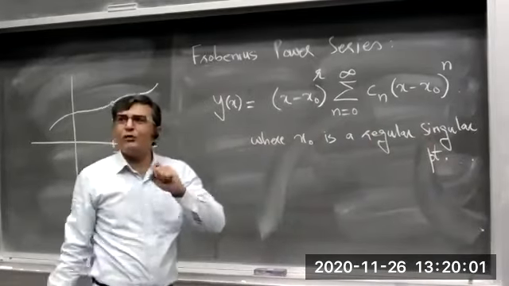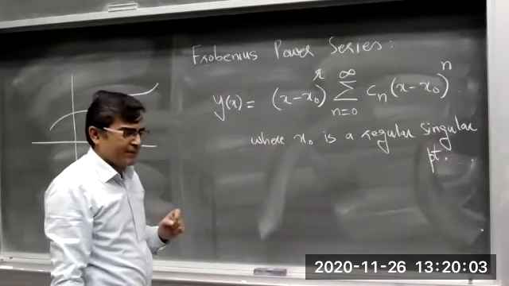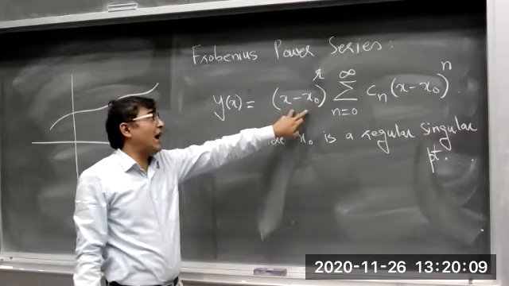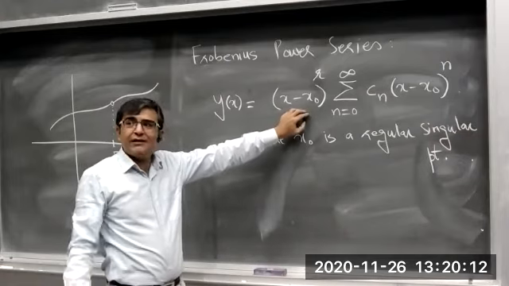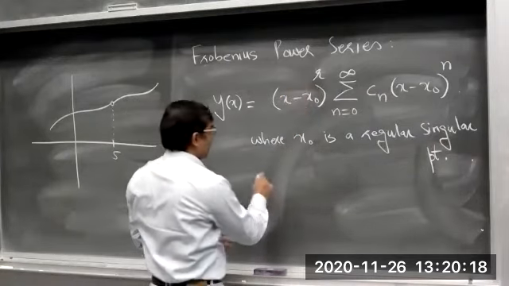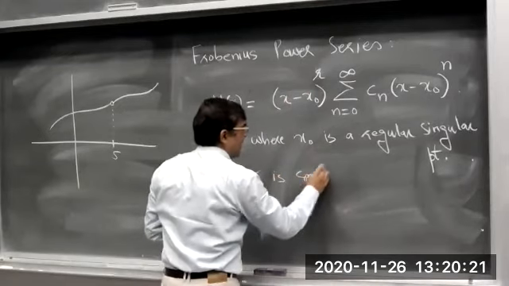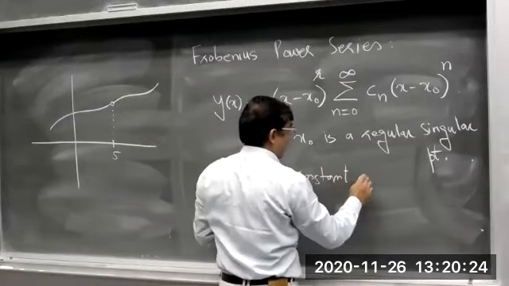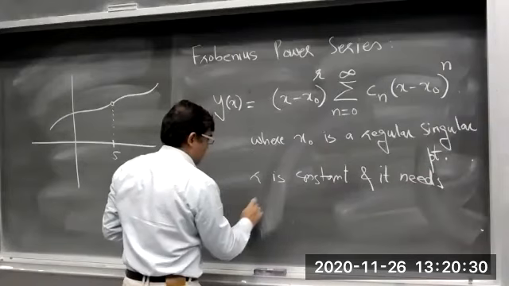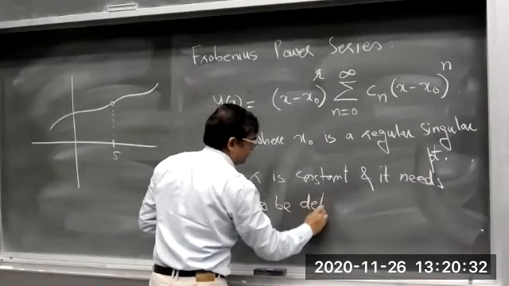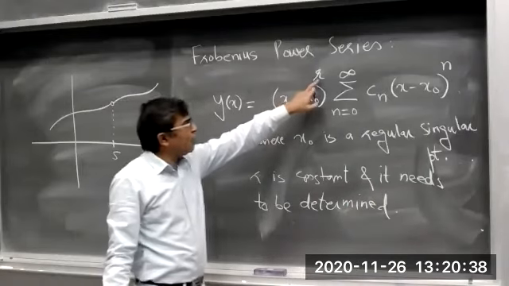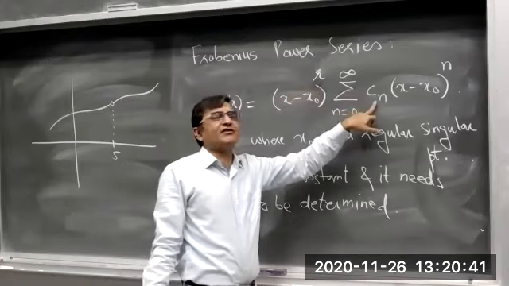In order to remove that singularity, or removable discontinuity, what we are going to do, we make an adjustment in the simple power series with this factor x minus x naught power r, where r is some constant, and it needs to be determined. We have to now determine this constant R, and the unknown coefficient Cn.